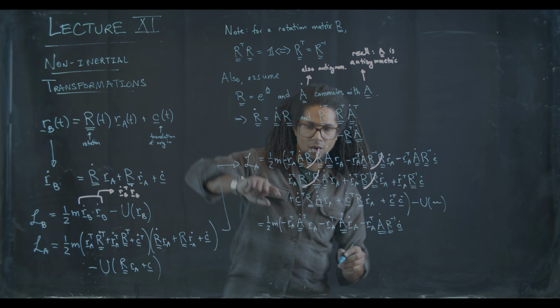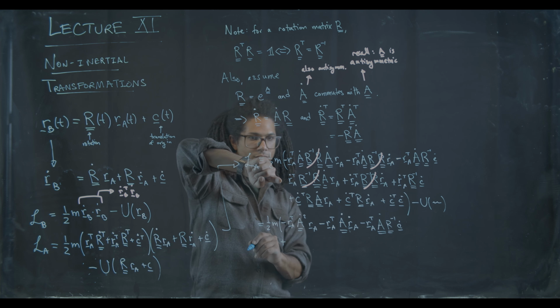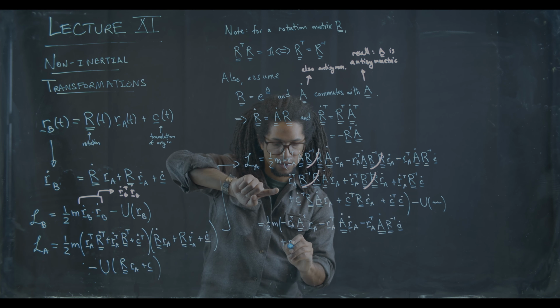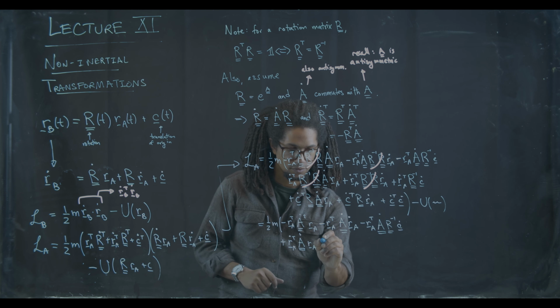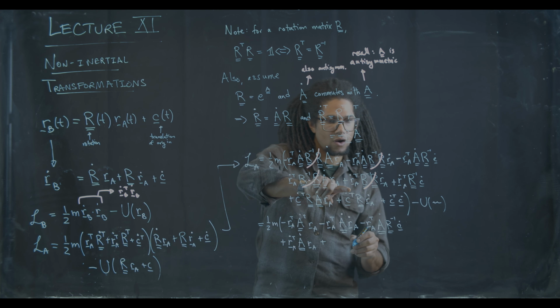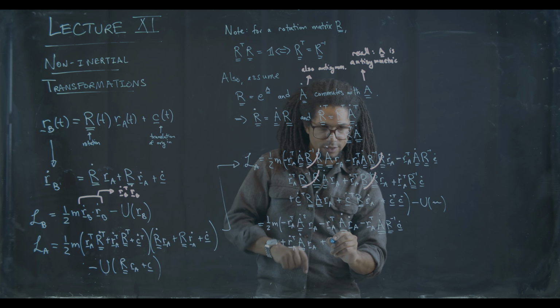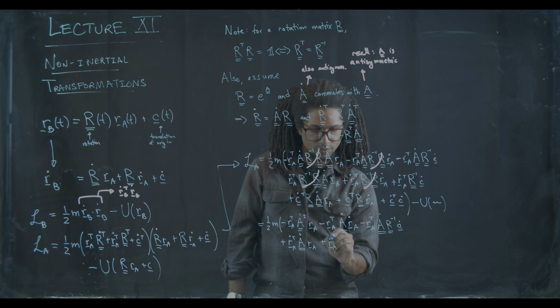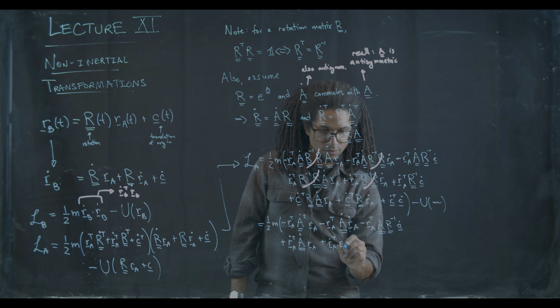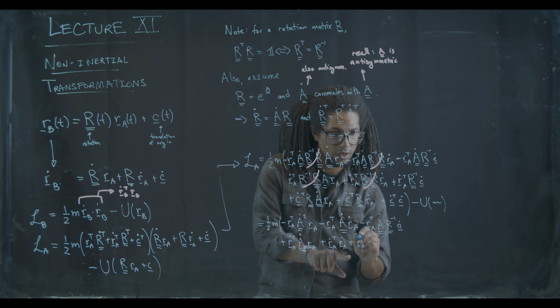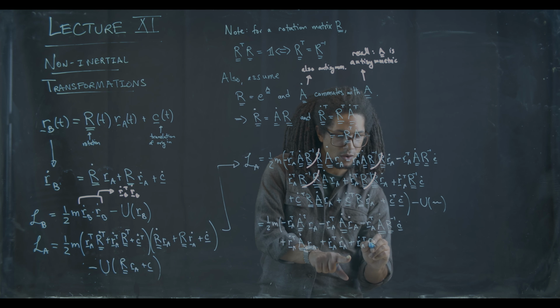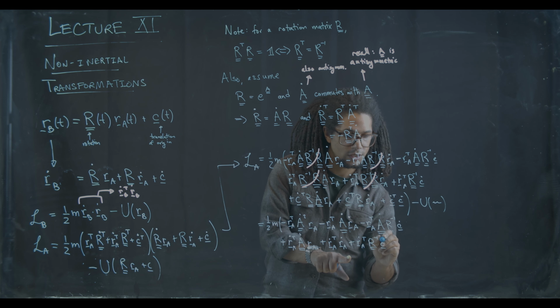Good. Okay, keeping ourselves going, we get RA dot transpose A dot RA. Good. Plus RA dot transpose RA dot. Okay, and then next, this RA dot transpose R inverse C dot.